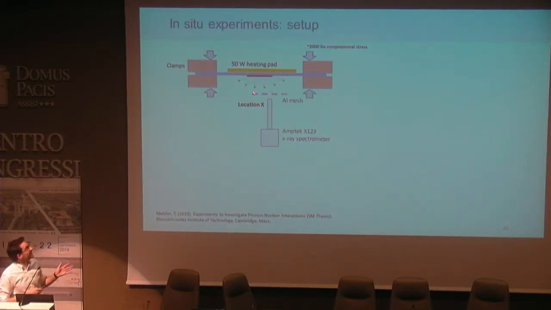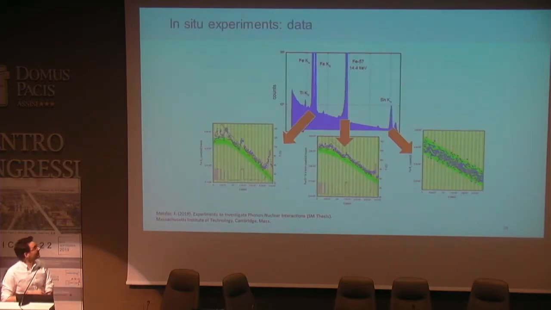So what we did next is we moved to in situ experiments where we create the stress in situ while we took measurements with a heating pad, which then creates thermal expansion and stress in situ. And from these experiments, we can see a superposition of two dynamics. First one is this long-range dynamic, which is from after applying the clamps initially.